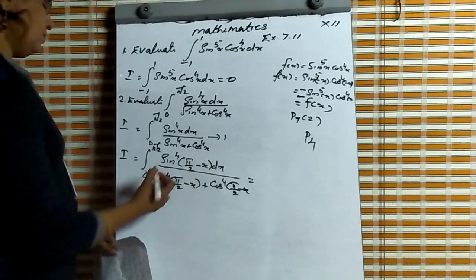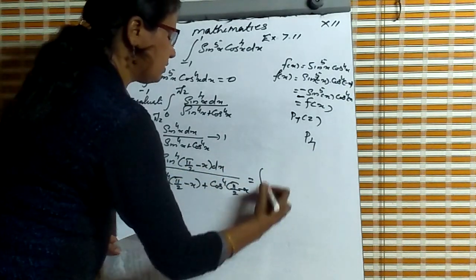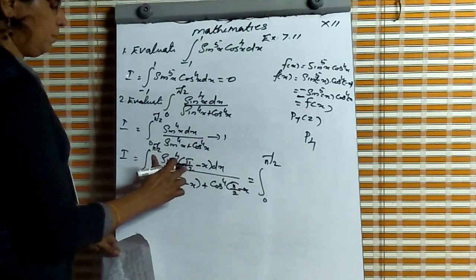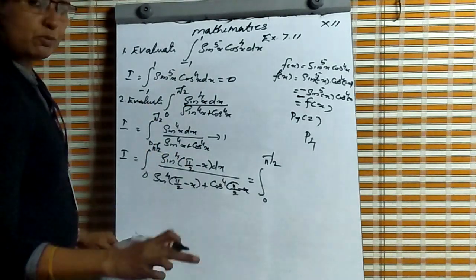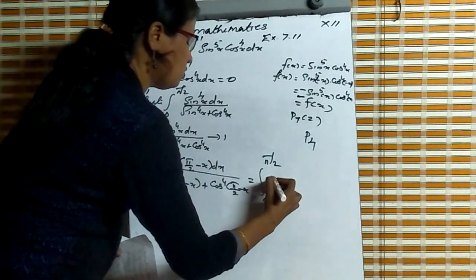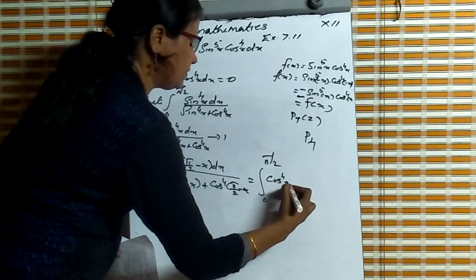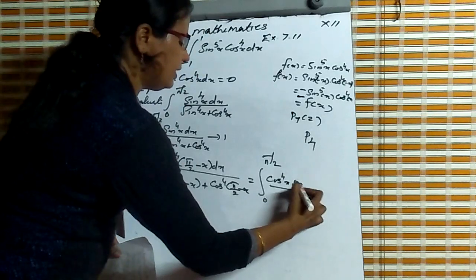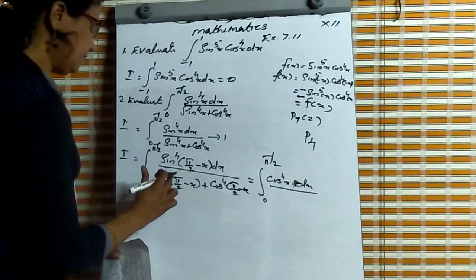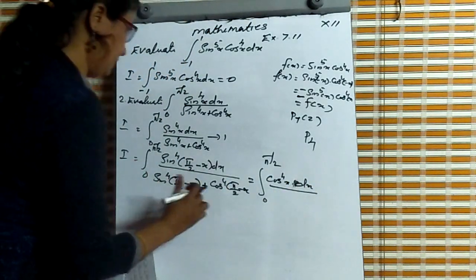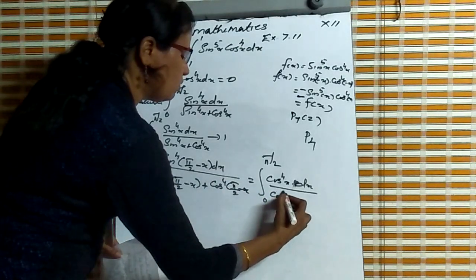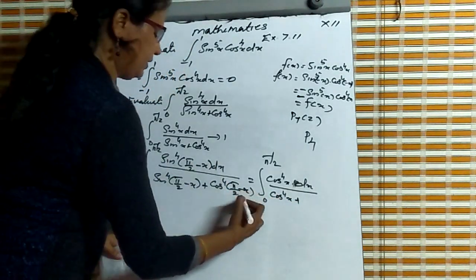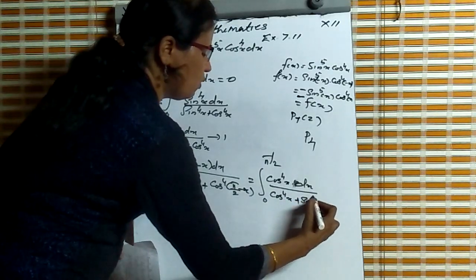Sin(pi by 2 minus x) is cos x, so we get cos^4 x, and cos(pi by 2 minus x) is sin x, so sin^4 x.